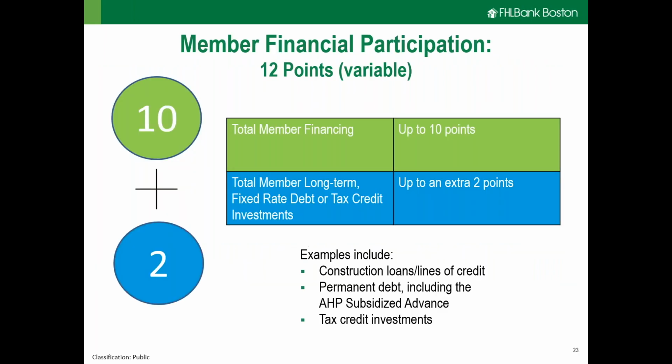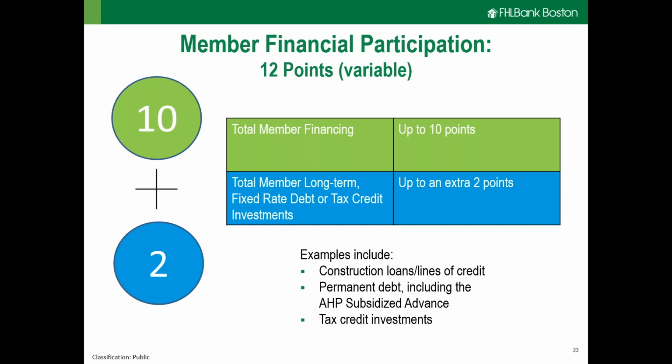So, member financial participation. We continue to recognize the importance of our members' long-term involvement in these initiatives. As such, we've got a two-tier scoring system. Member involvement throughout the process really helps deliver a successful project. They are our eyes and ears on the ground.